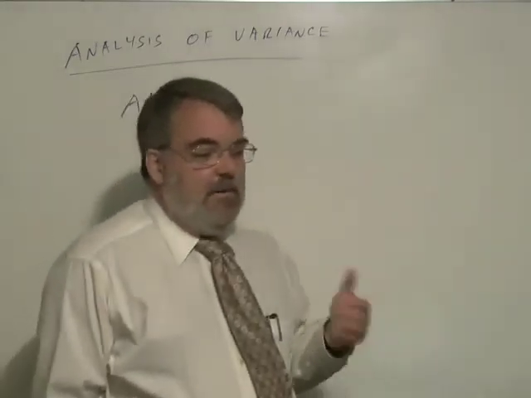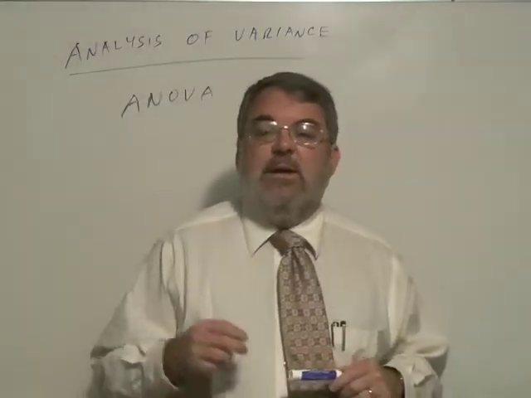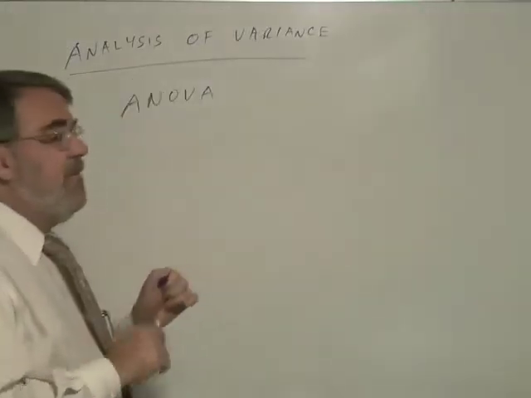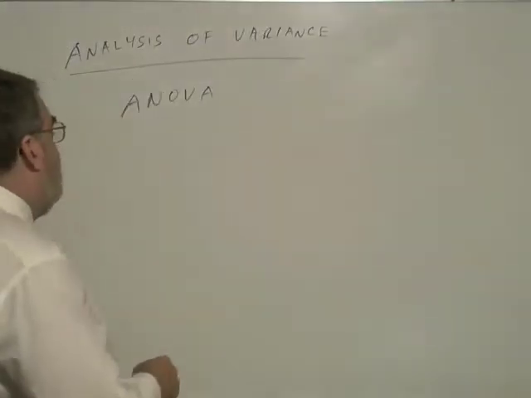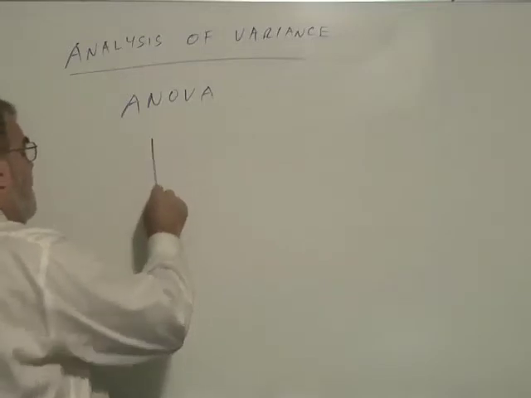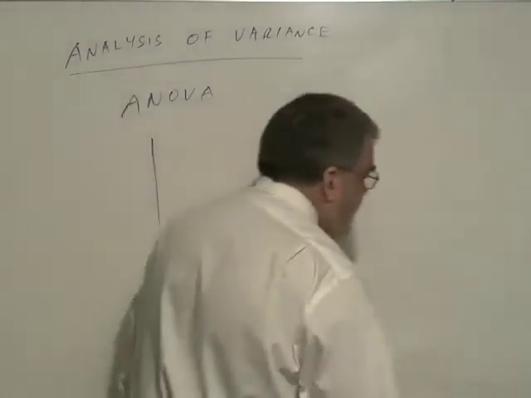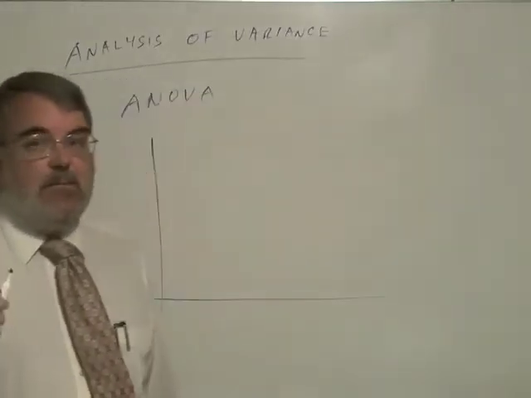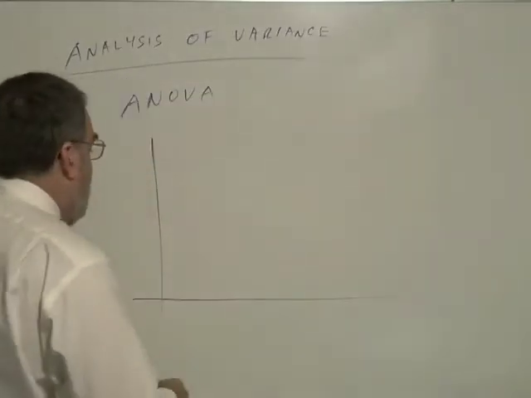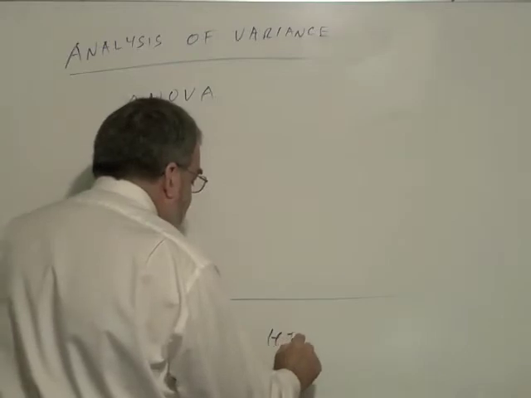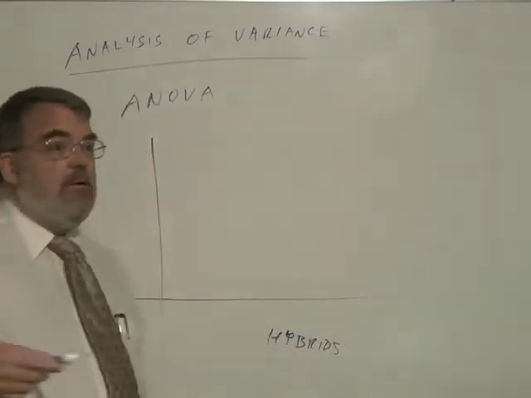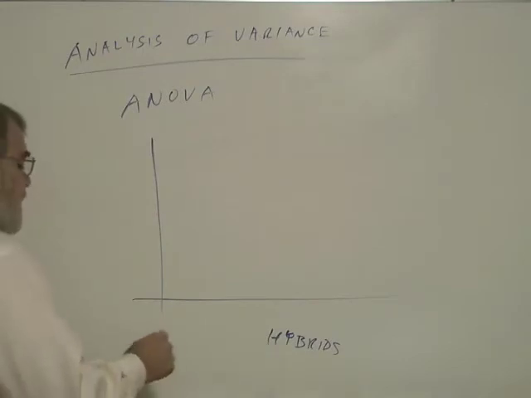My understanding of the history of this is that it was developed in the 1920s. Seed companies were developing different hybrids of crops, and they wanted a good statistical way of analyzing the performance of these different hybrids. And so suppose we have these hybrids of corn, soy, wheat, whatever you want to call it.